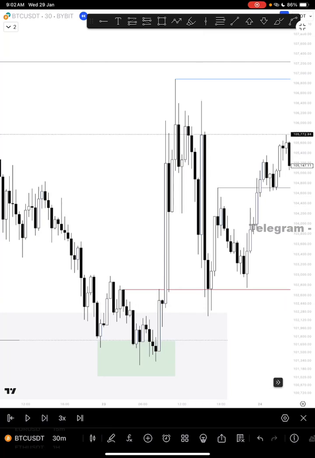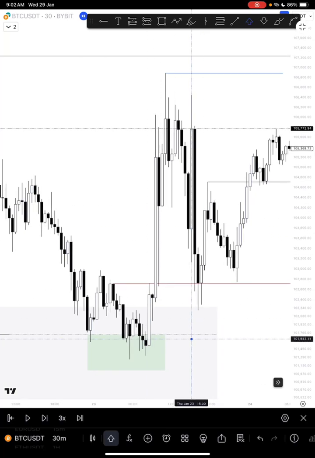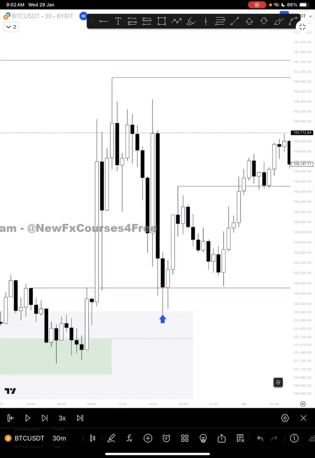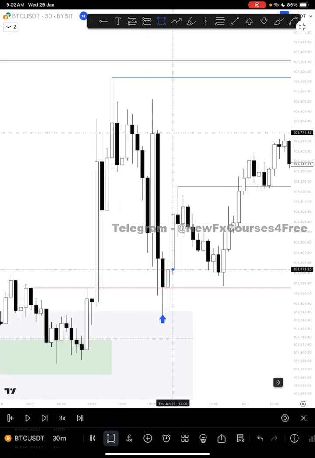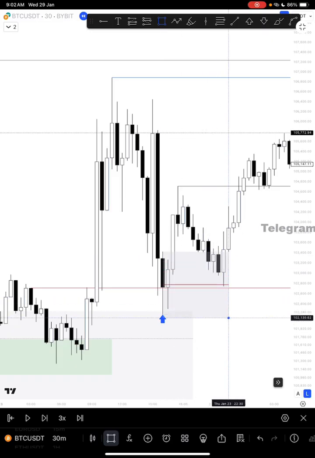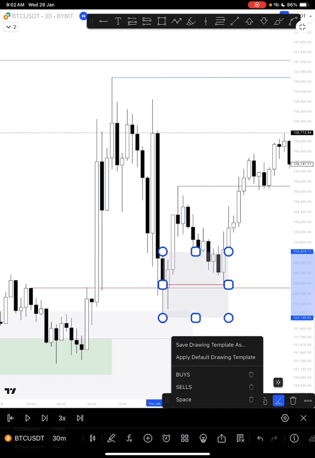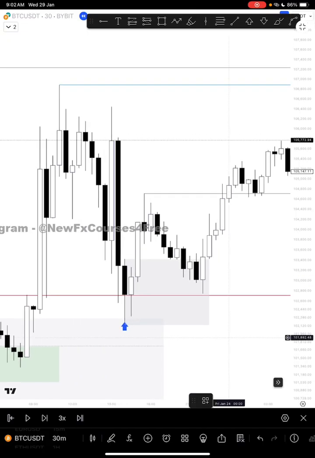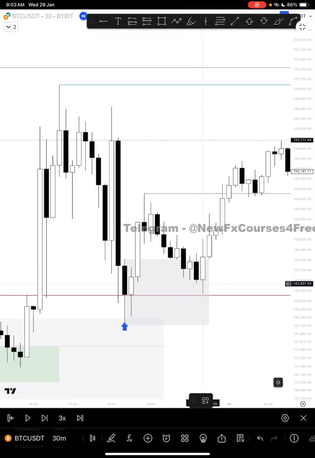So let's say you missed this move over here to buy from here. The market offered another opportunity from where? This order block as well, in which you can trade off with this move here, retracement into the order block and move higher.